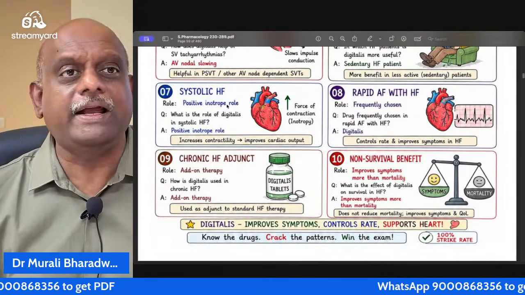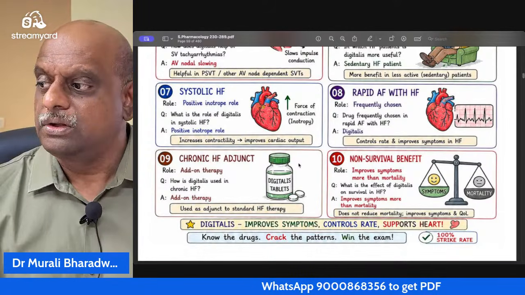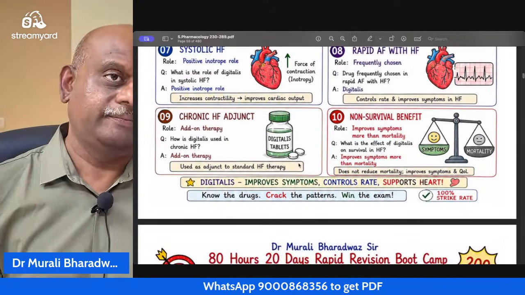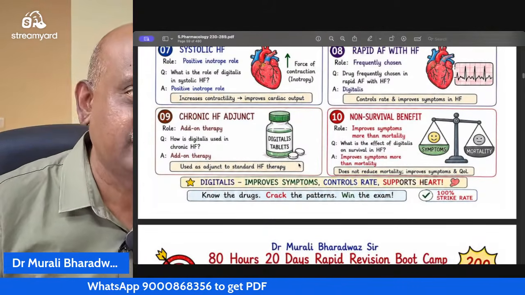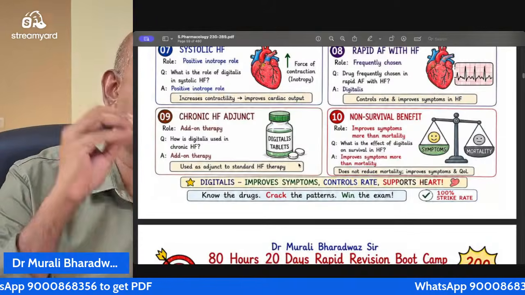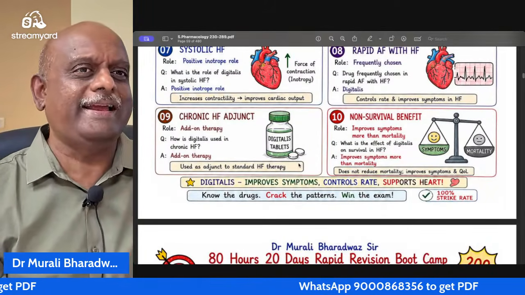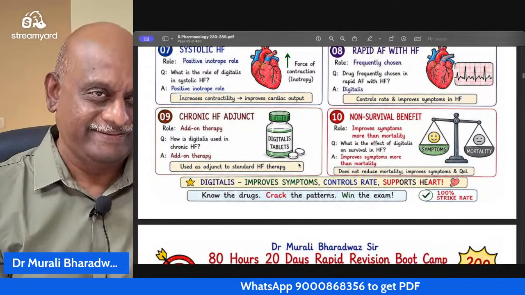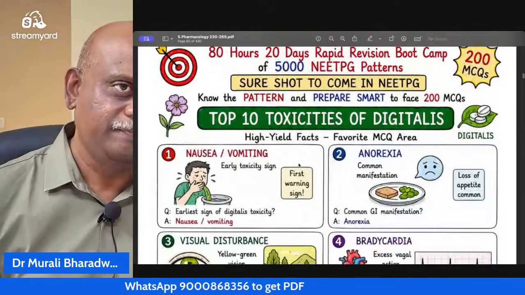Systolic heart failure, it has a positive inotropic effect. But one thing, if you take survival benefit in heart failure, by adding digitalis you are only symptomatically improving. Long-term mortality is not improved in heart failure patients with digitalis, is what you need to remember.